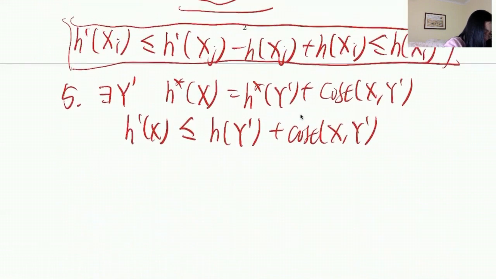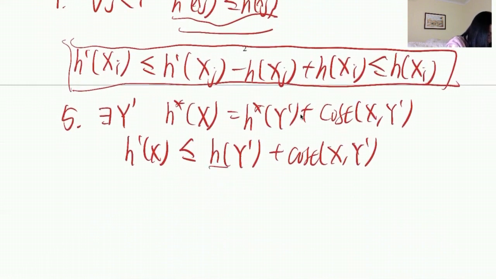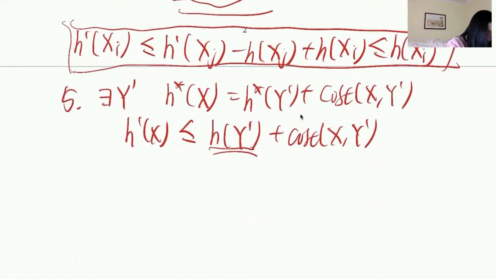And we assume that for the y, we already know that it is an admissible heuristic. So basically, it means that it is not greater than h star.